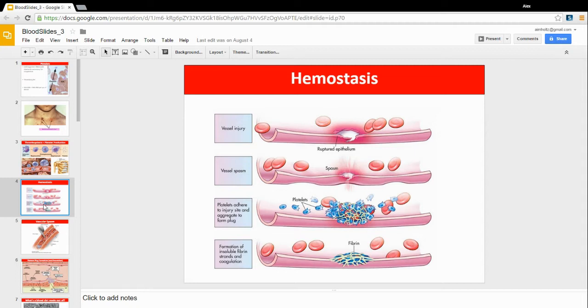Anytime a blood vessel is injured, the first thing that happens is something called vascular spasm. What occurs there is constriction of the blood vessel. Then we make something called a platelet plug, which is an immediate temporary patch. It's like putting a piece of gum on a leak. You don't want that to last, but maybe for a second it'll keep it from leaking.